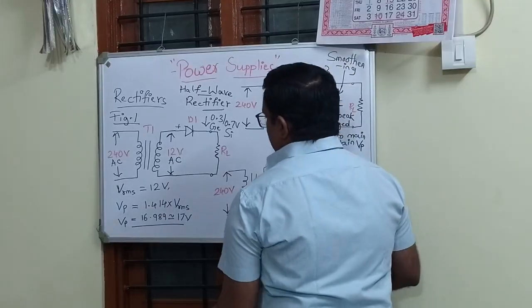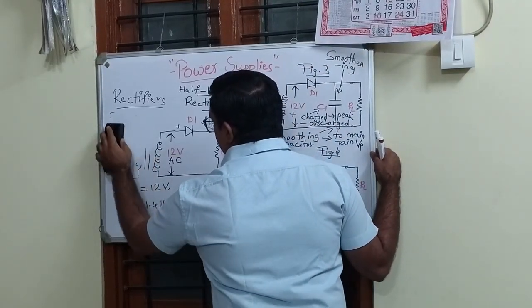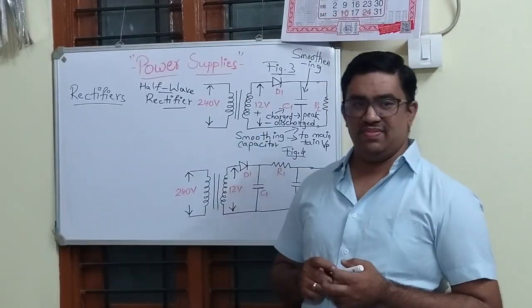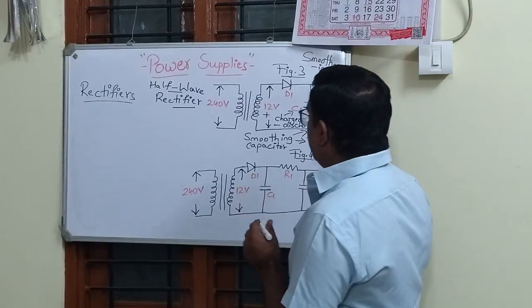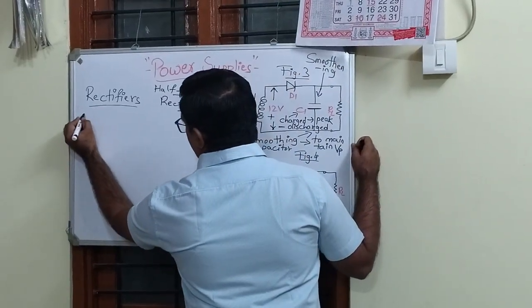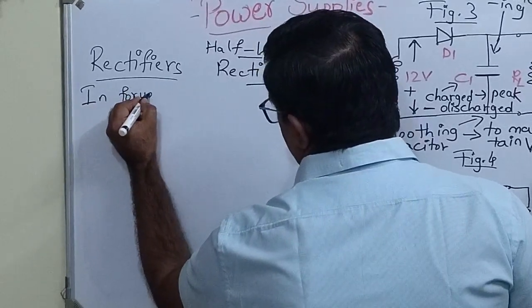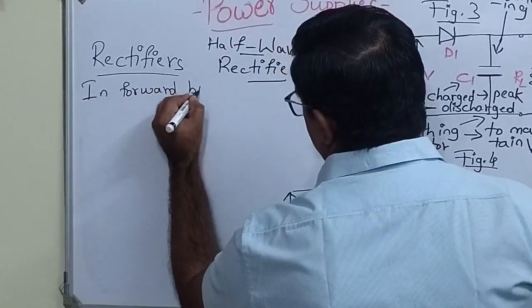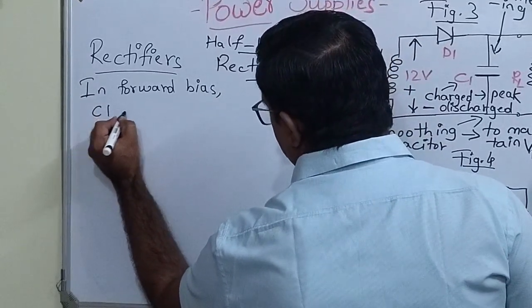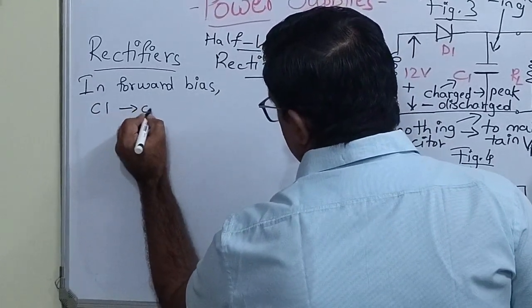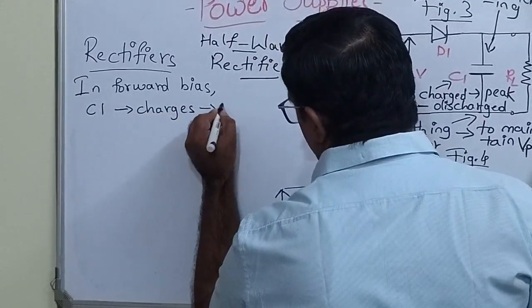Let's just have a look here. In forward bias, the capacitor C1 charges to the peak value.